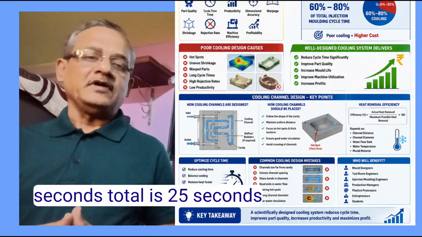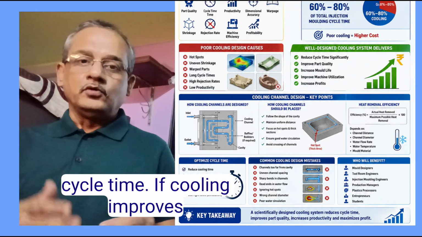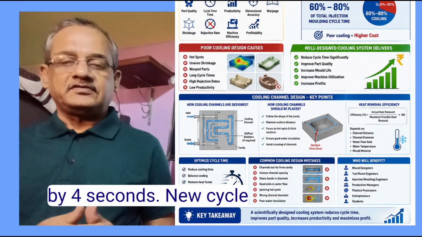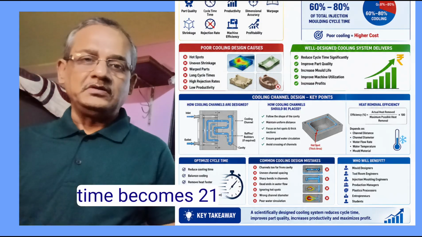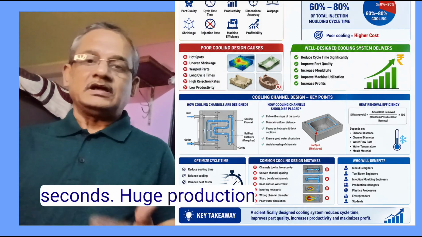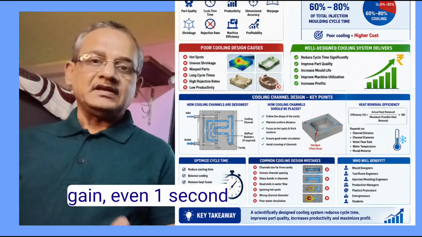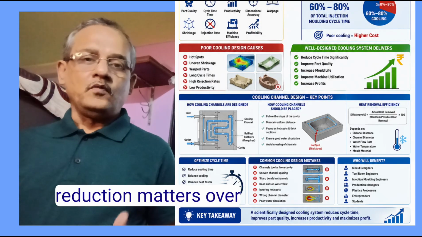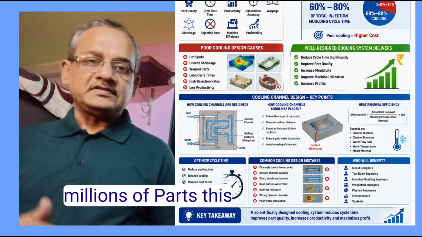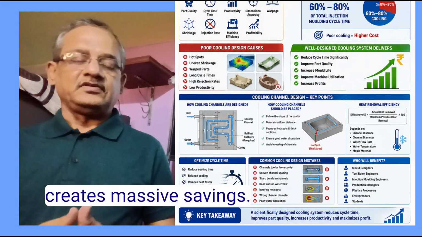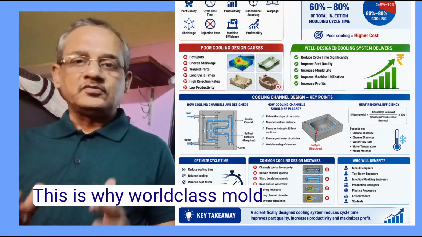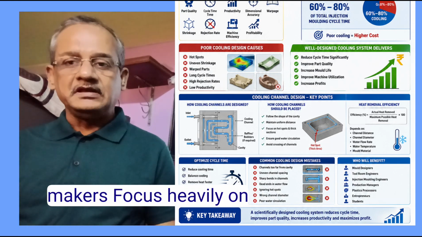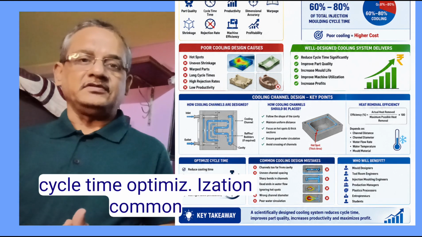Total is 25 seconds cycle time. If cooling improves by 4 seconds, the new cycle time becomes 21 seconds. Huge production gain. Even 1 second reduction matters. Over millions of parts, this creates massive savings. This is why world-class mold makers focus heavily on cycle time optimization.